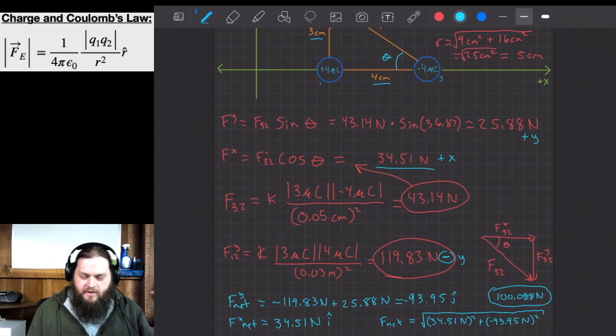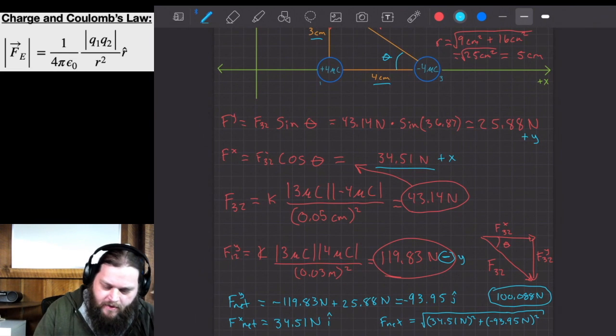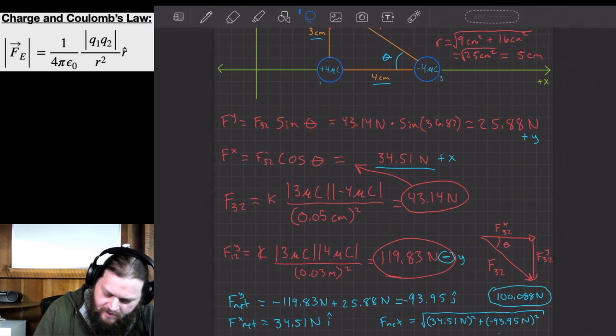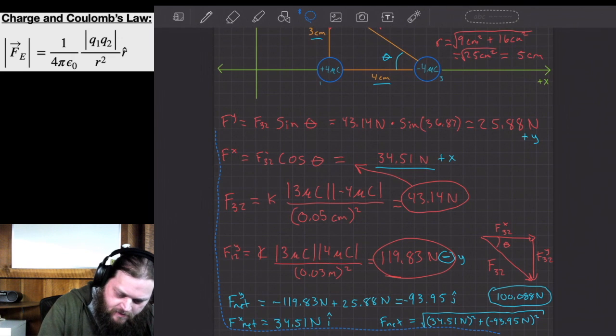To find its direction, we again have to use a bit of trigonometry. I'm going to shrink some of this down so I have some more space.